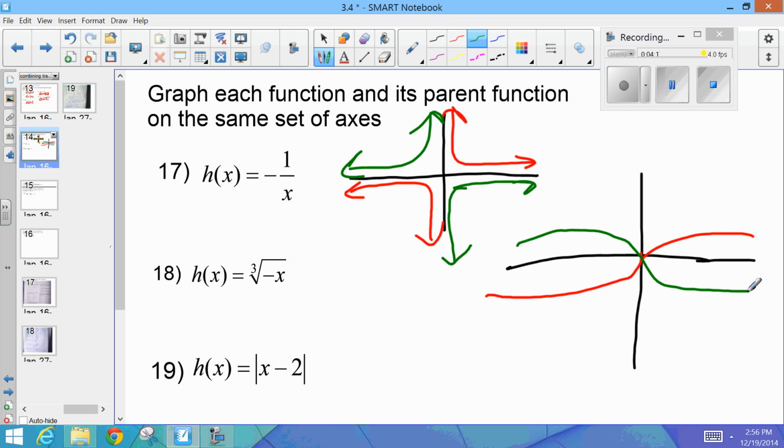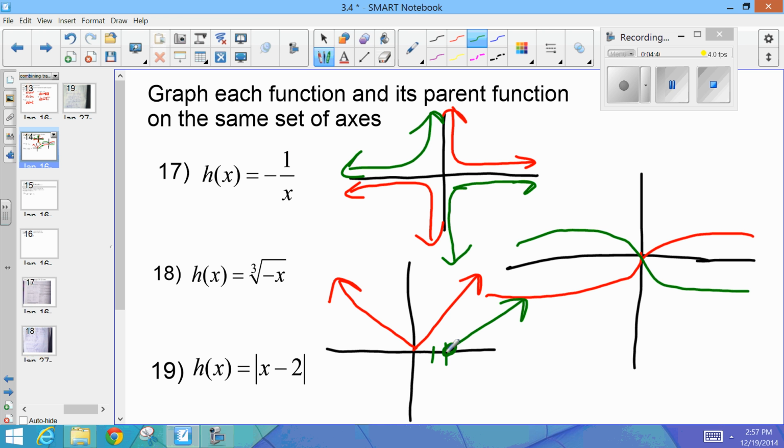So again, the red is the parent, and the green is the reflection across the y-axis. Problem 19, the parent graph is the absolute value graph. Okay. Here I'm subtracting and I'm doing it inside the grouping symbols before I do absolute value. So that is a shift to the right too. There we go. And that's it for my examples.